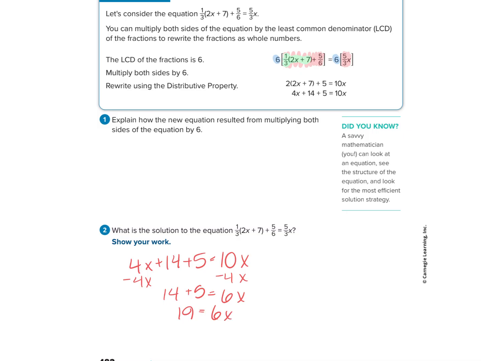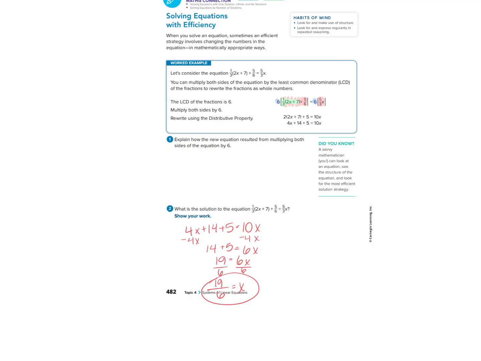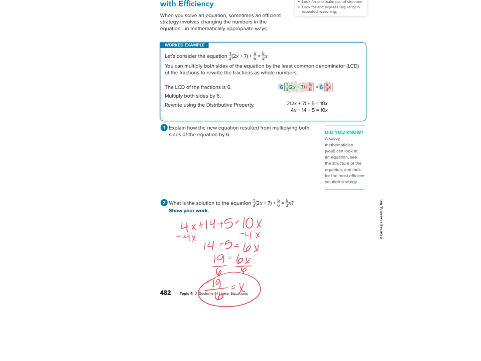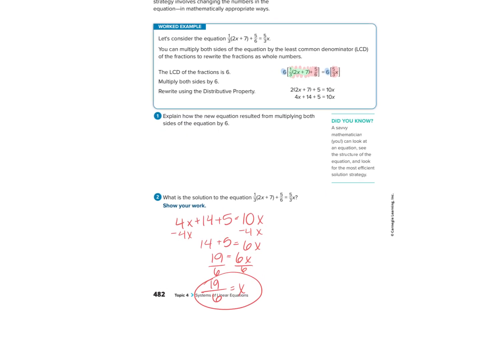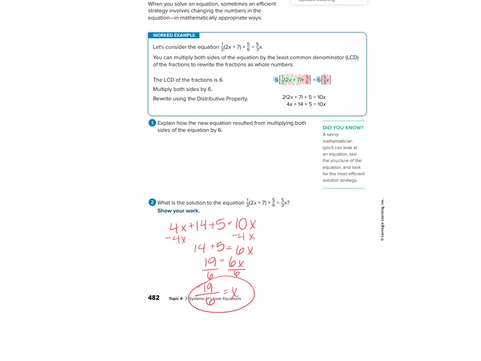And then if you were to divide both sides by 6, you would end with 19 over 6 equals x. This isn't a full system, so we can just leave it at the value of x because it's not asking us to solve a system.